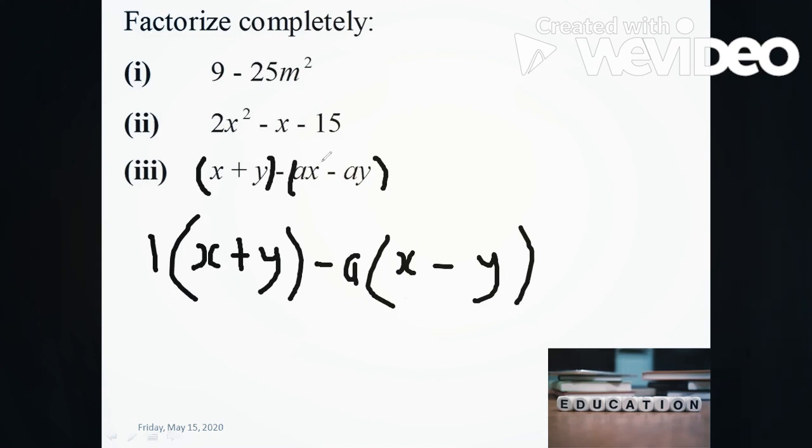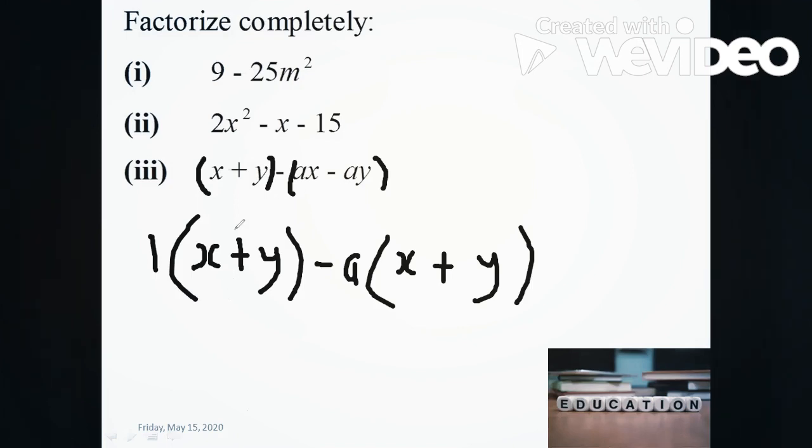You notice that this is a negative sign, but when I multiply these two negatives, it will give us a positive. It's very tempting to just drop down the signs, but it will be wrong. Also, remember I told you that these two brackets have to be the same. So if this is x plus y, this has to be x plus y. And it works because negative and positive gives us back the negative.